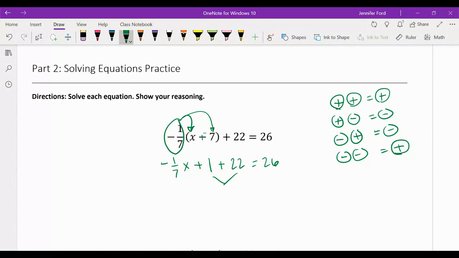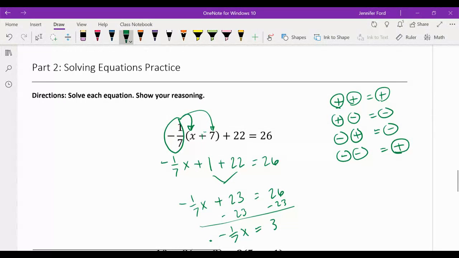Go ahead and combine your like terms. Negative 1/7 x plus 23 is 26. Minus 23, minus 23. Negative 1/7 x equals 3. Multiply both sides.